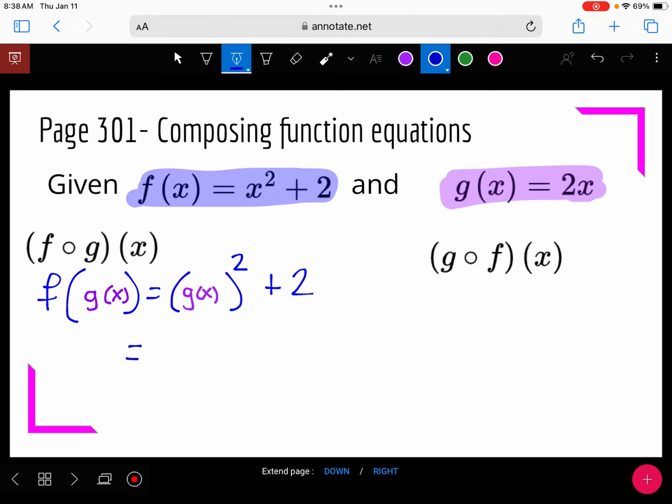So that's going to give us, g of x is actually 2x, squared, plus 2. Any place I have an x is where I substitute that in.